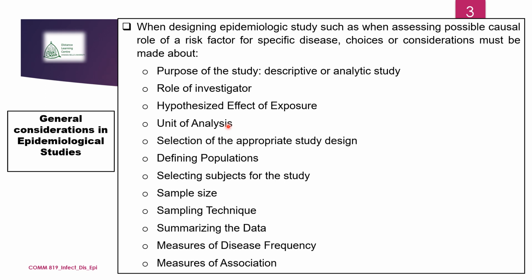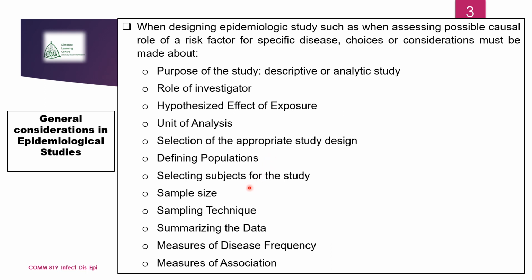Then what's your unit of analysis? Is it on the community level or at individual level? Then selection of the appropriate study design for the study. You need to put that into consideration. Then defining your population of study. That has to be put into consideration.